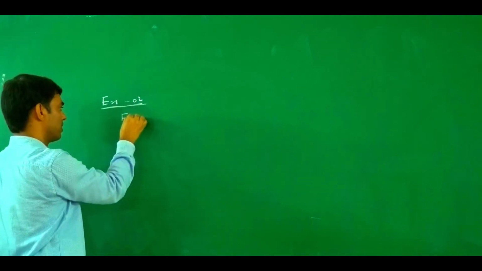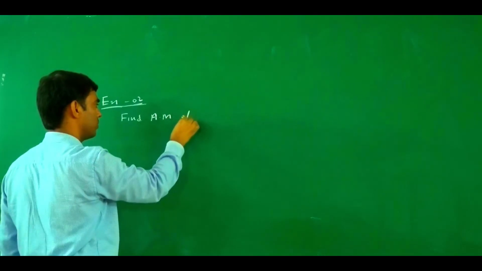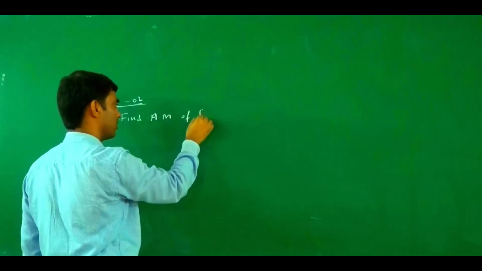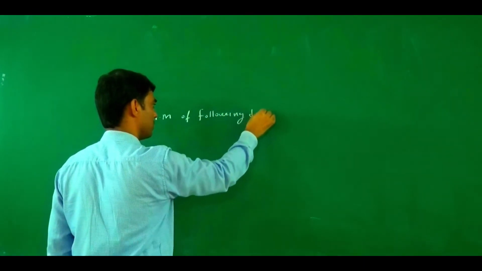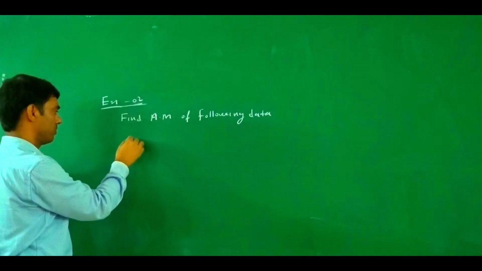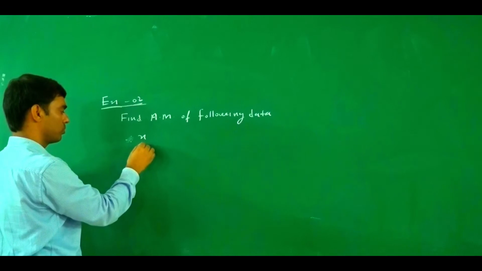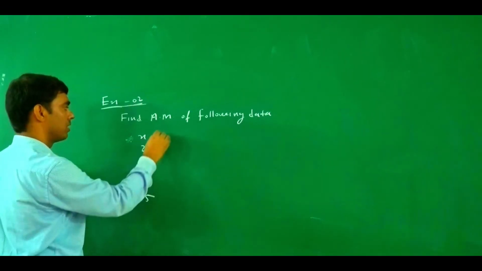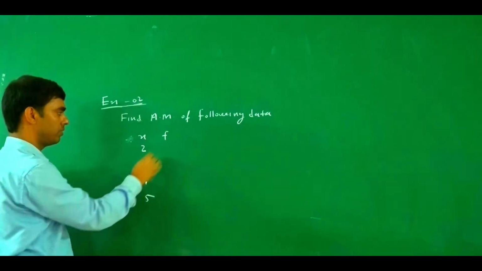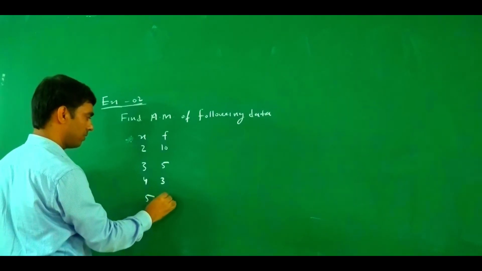So first we write the question: find the arithmetic mean of the following data. The data is given in this form: x equals 2, 3, 4 and 5. f is given as 10, 5, 3 and 5.